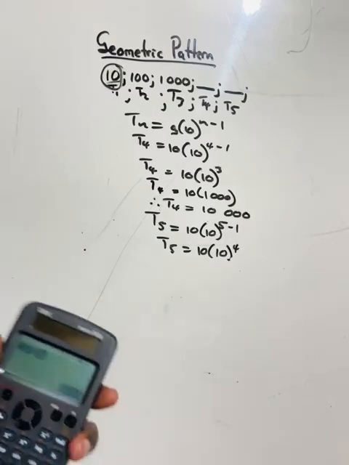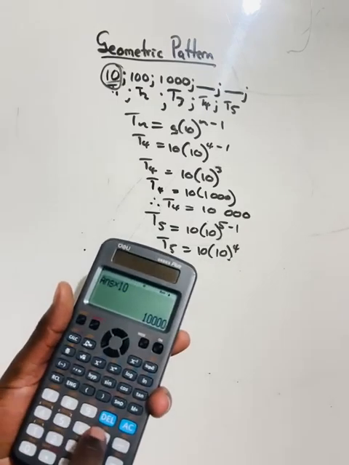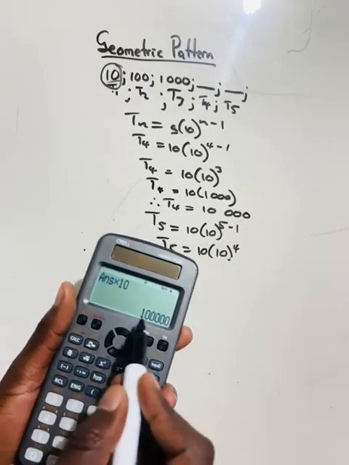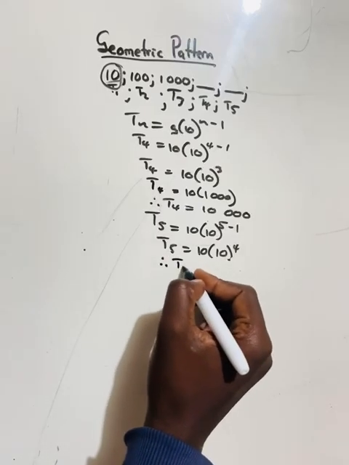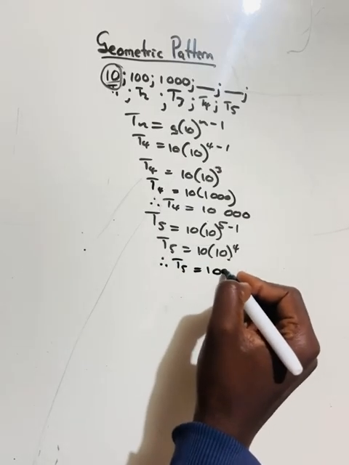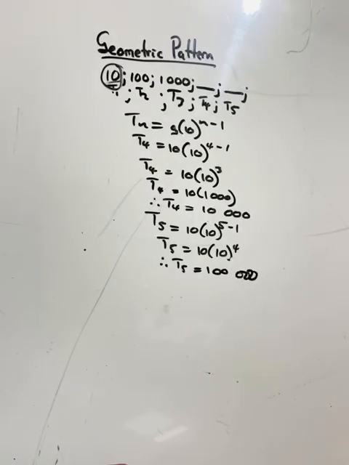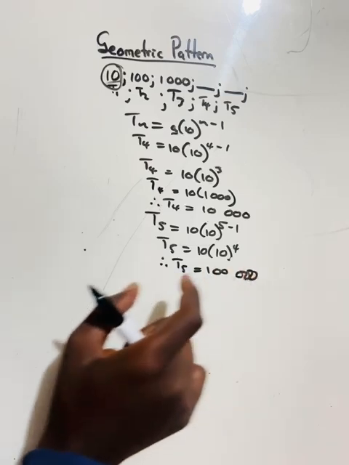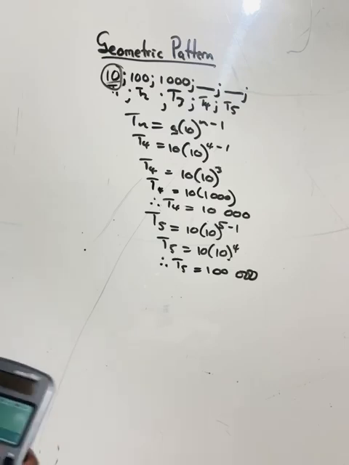And now, 10,000 multiplied by 10 must give us 100,000. So therefore, we can conclude that the fifth term is equal to 100,000. And when you want to verify what you have written, you just take this number and you divide it by the previous answer that you got. That's how you know whether you have written the right answer or not.